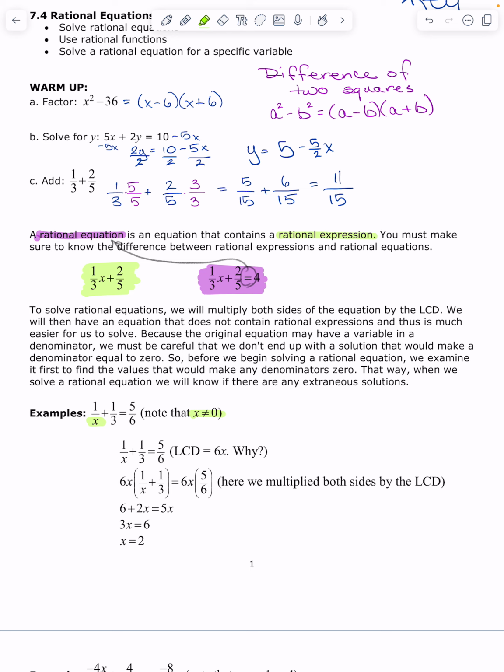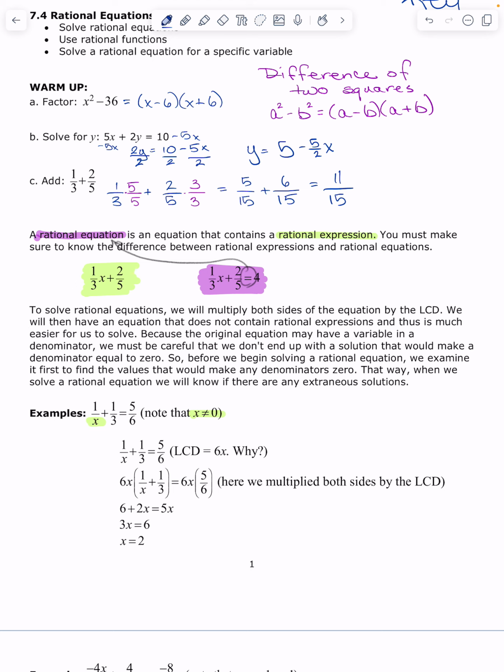Okay. Second thing we're doing is finding the least common denominator. Now, some people are more comfortable with fractions than others, so I just want to point something out. So I'm going to write this up here. 1 over x plus 1/3 equals 5/6.